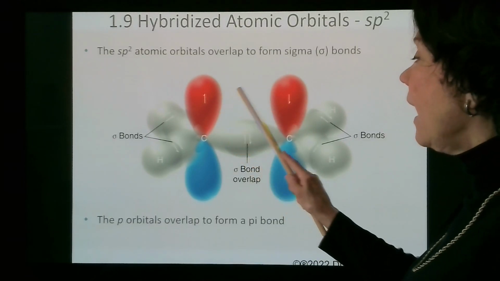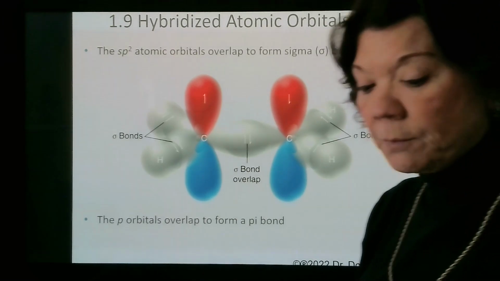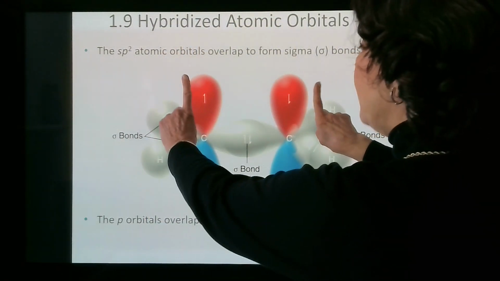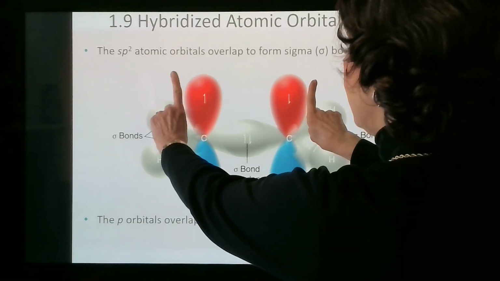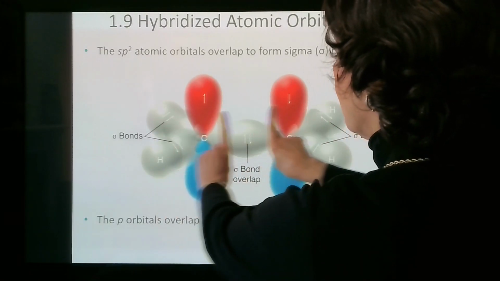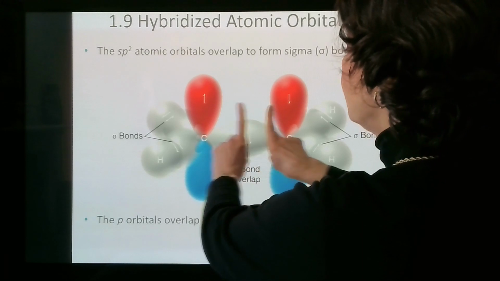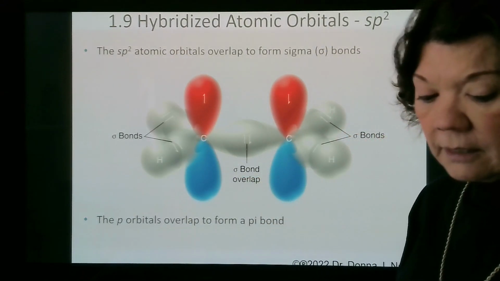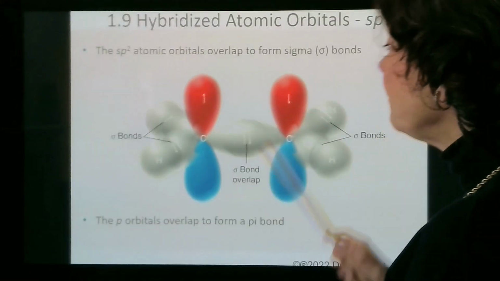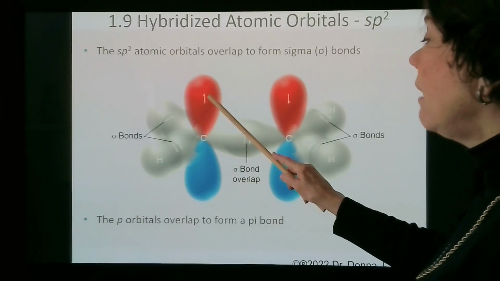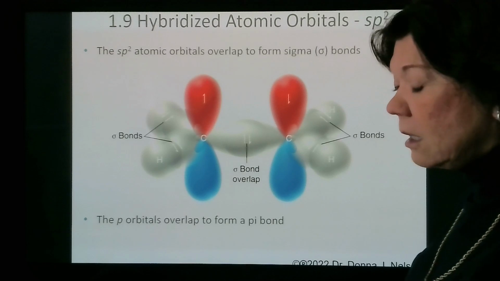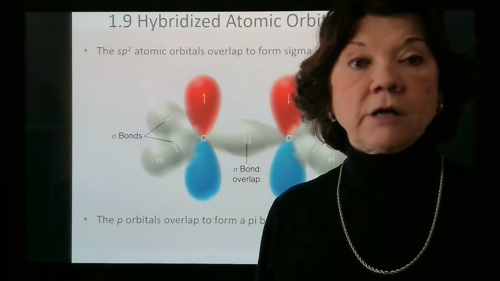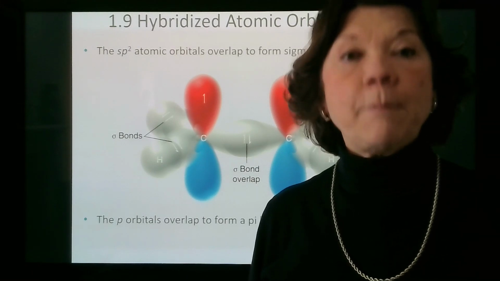I might point out that these pi bonds are formed from the interaction of 2 p orbitals in a sideways manner. So the p orbitals are interacting sideways, above and below the plane, so that they will form a pi cloud above and below the plane, and both of those pi clouds are part of 1 pi bond.